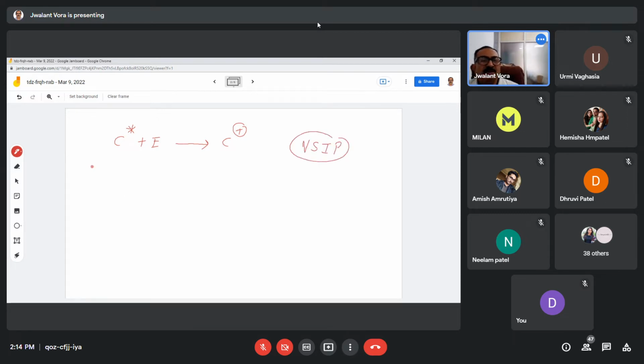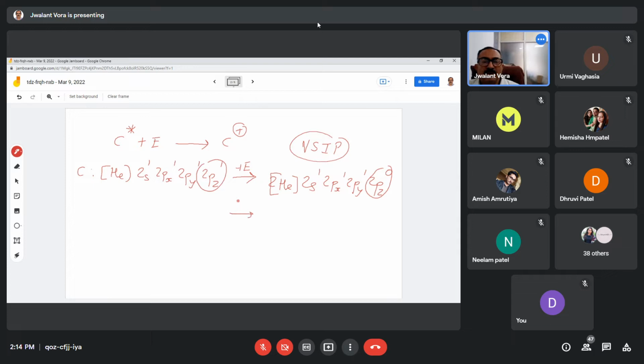So either carbon, helium core, 2s1, 2px1, 2py1, 2pz1, plus energy, either it will be converted into helium core, 2s1, 2px1, 2py1, 2pz0. This is the difference.